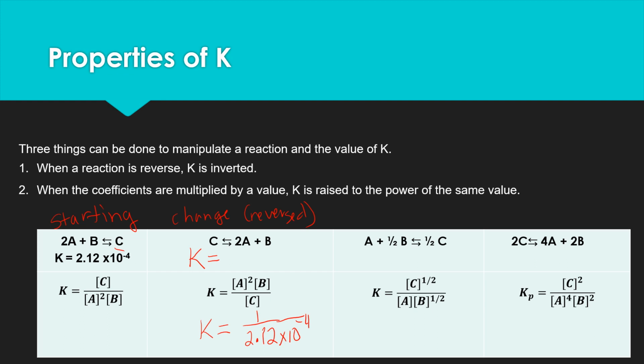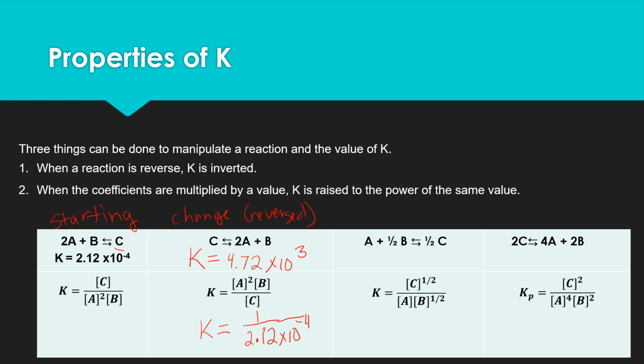If we do 1 divided by 2.12 times 10 to the negative 4th, now we have a large number, 4.72 times 10 to the 3rd. That's about 4,720 versus our 0.000212.